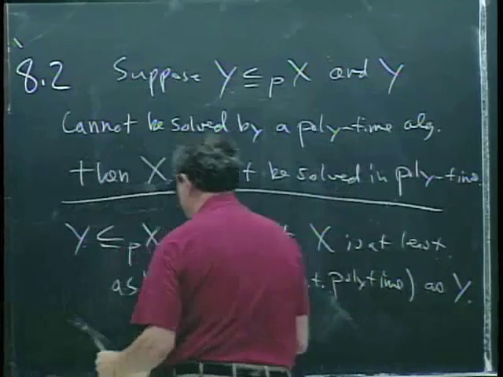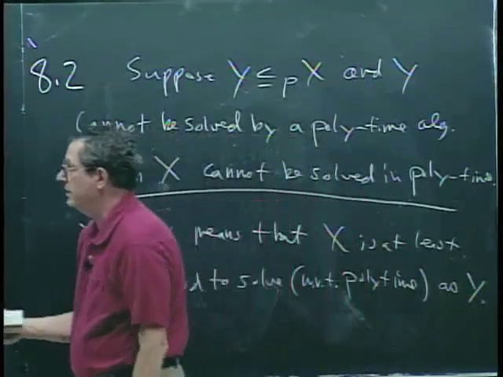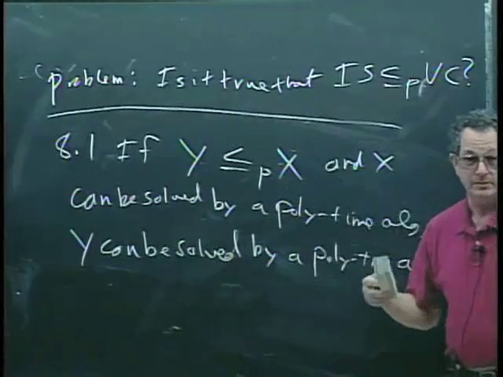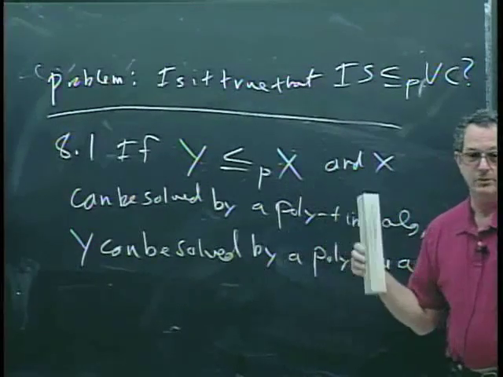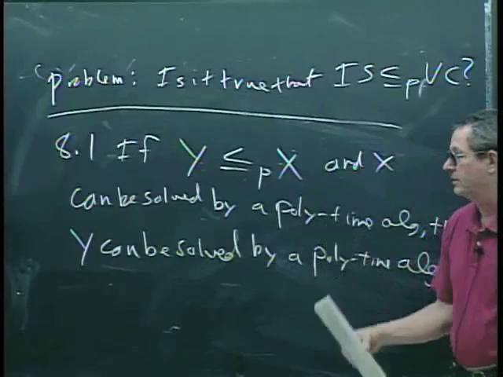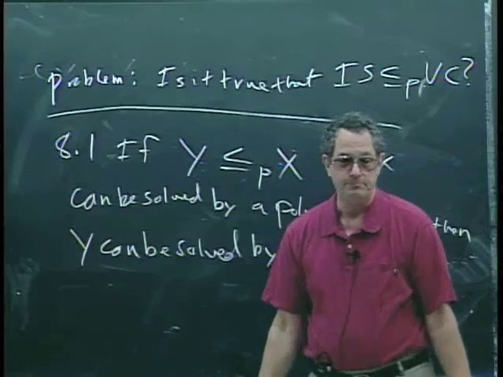We're going to look at a few more of them. Very rarely are they as easy, in mechanics, as the reduction of independent set and vertex cover. Those are two problems that are very, very close to each other, and therefore that's good for teaching.